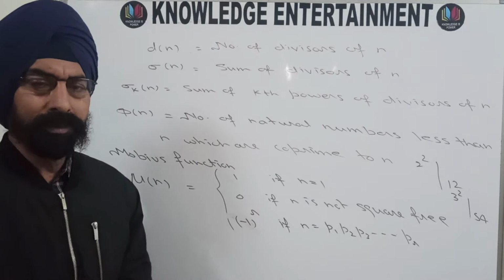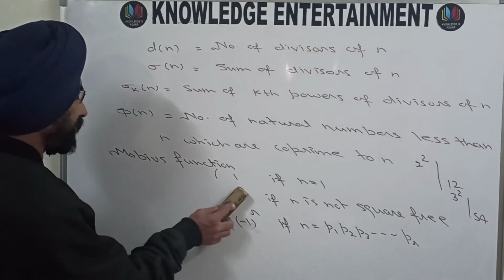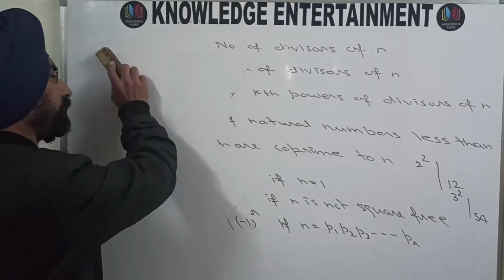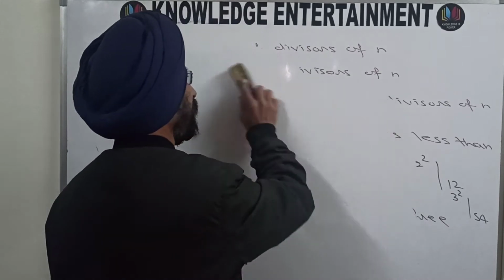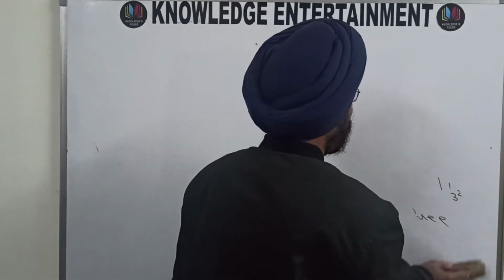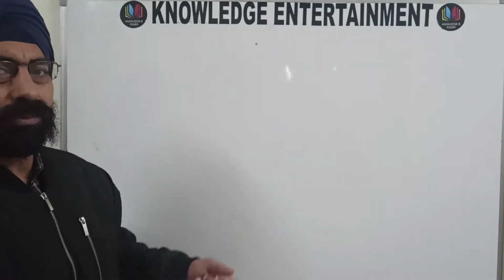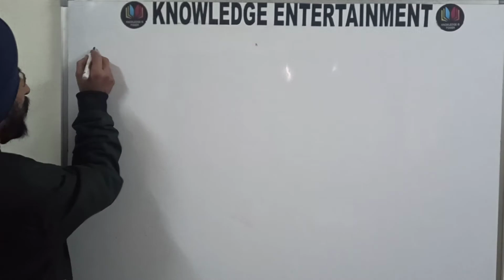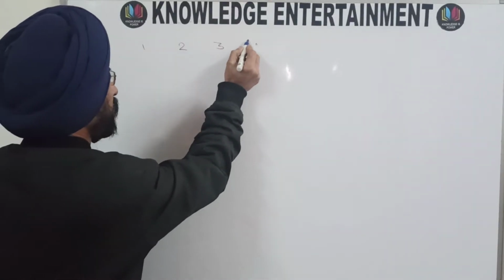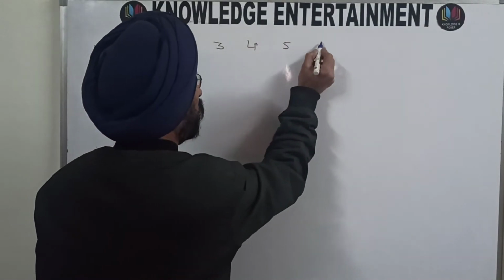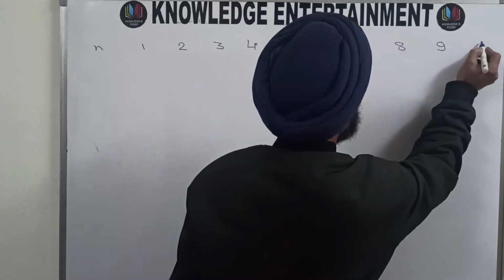So these are some common arithmetic functions, and let us discuss values of these functions. Let us have some values. I'll try to write the natural numbers on the board. So n, I am writing n: 1, 2, 3, 4, 5, 6, 7, 8, 9, 10.